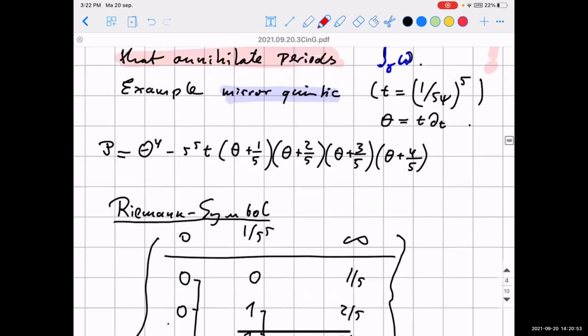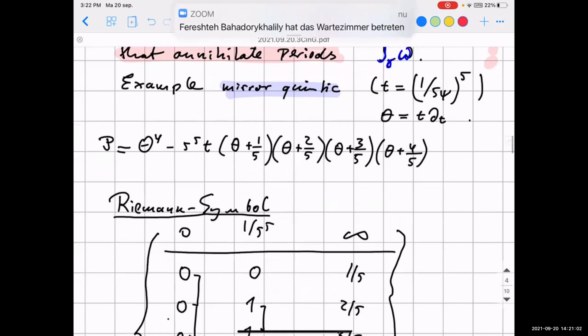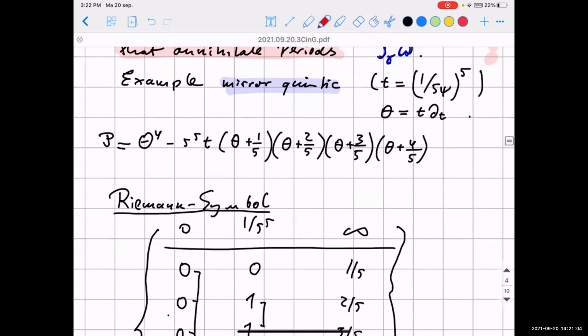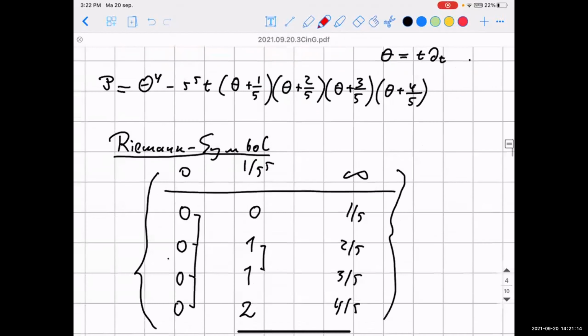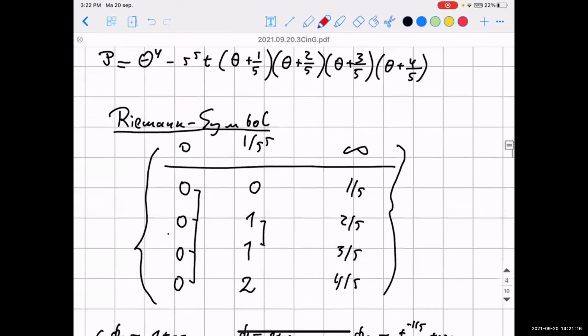And then you find this differential operator. And if you want to understand a differential operator, we're then very much in the classical 19th century theory of linear differential equations in the complex domain, and you look at the Riemann symbol.